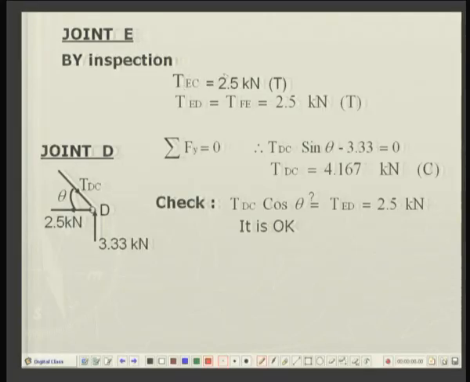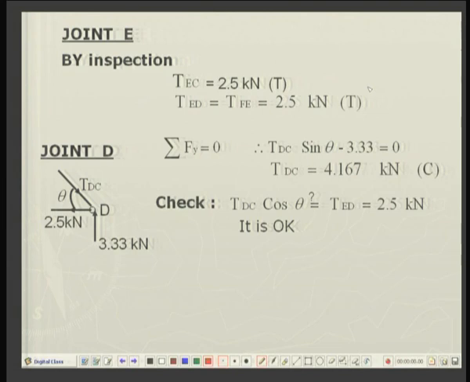Okay. So, at joint E, simply by inspection we can write down TEC is 2.5 kilonewton tension, TED equal to TFE, 2.5 kilonewtons in tension. And finally, we come to the joint D, which is the supporting joint.